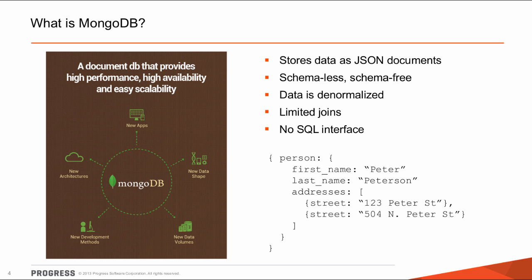There are limits to what MongoDB can do in terms of the sorts of operations that standards-based applications expect to be able to do, like joins. And maybe finally and most obviously, MongoDB and products similar to MongoDB in this class of data sources known as NoSQL don't have a SQL interface.